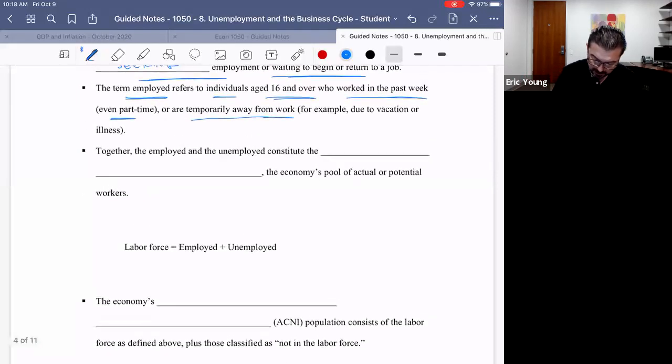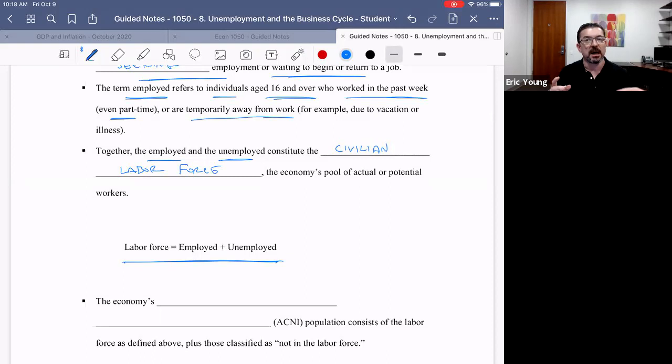Together, the employed and unemployed, those two categories, constitute what we call the civilian labor force. The civilian labor force, again, is a strict definition. It is the total of the employed plus the unemployed, which again, those two terms also have their own strict definitions.